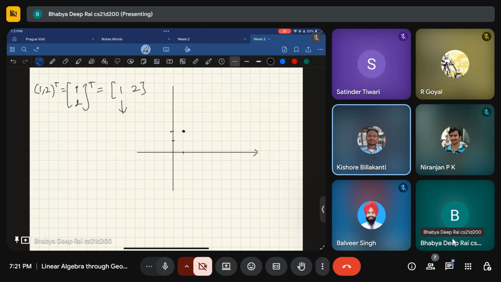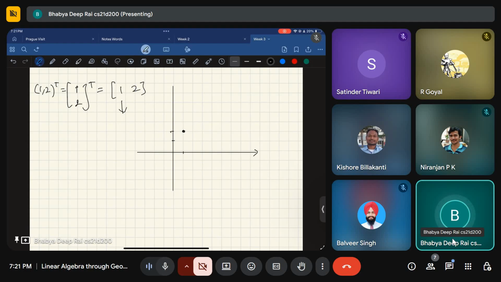It's a very strange thing graphically, because if you do this, you get this. This is not the same as 1 comma 2. If it was the same, it would be the same as saying a column vector 1 comma 2 is the same as a row.